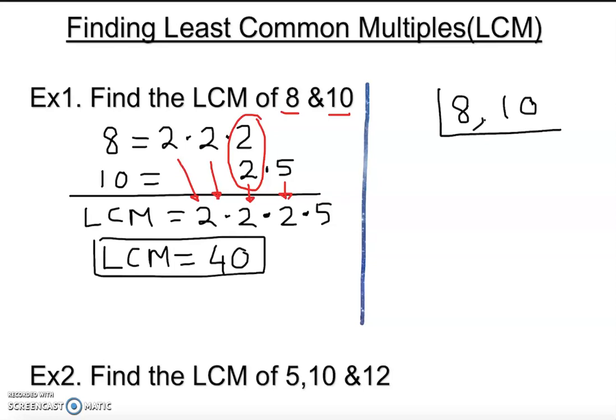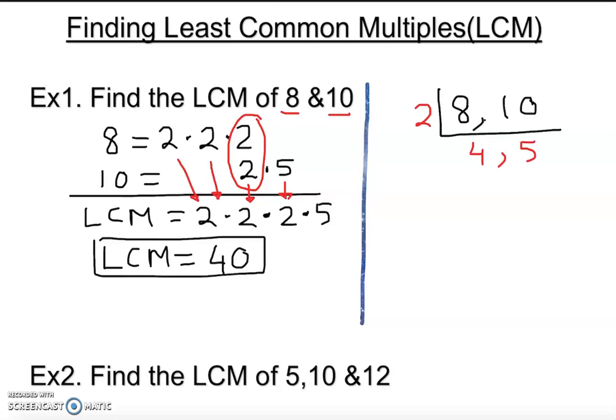Since both are even numbers, what is the smallest number that goes into both? I'll go with 2, because 10 isn't divisible by 4. So 8 divided by 2 is 4, and 10 divided by 2 is 5.